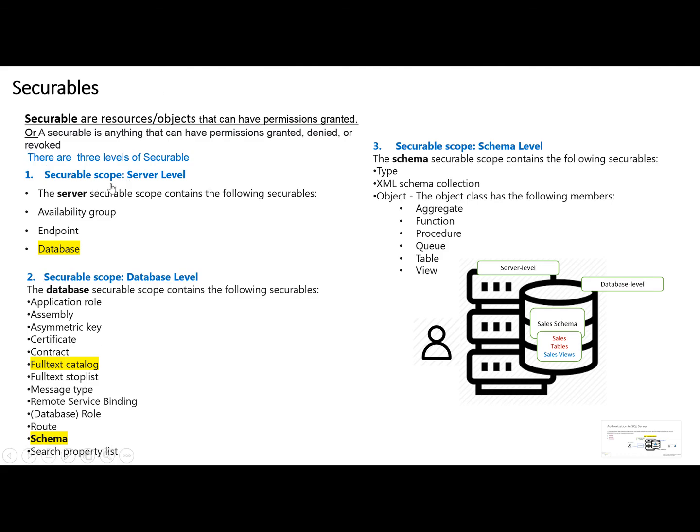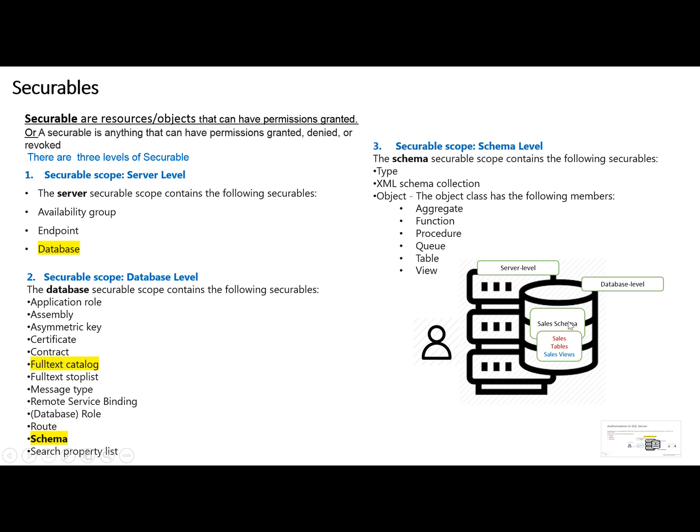We can divide our securables into three levels: the server level, the database level, and the schema level. At the server level, the available securables are the server, availability groups, and databases.